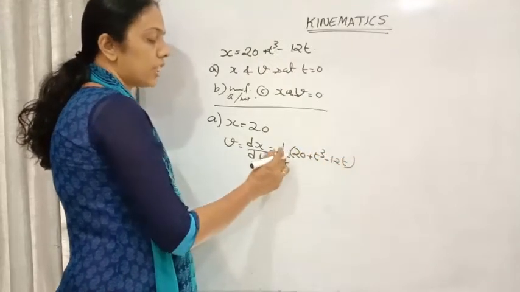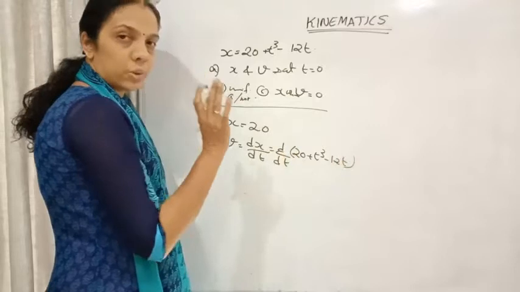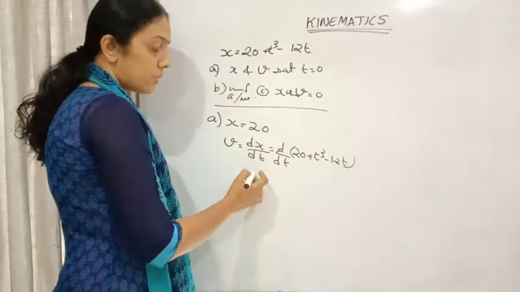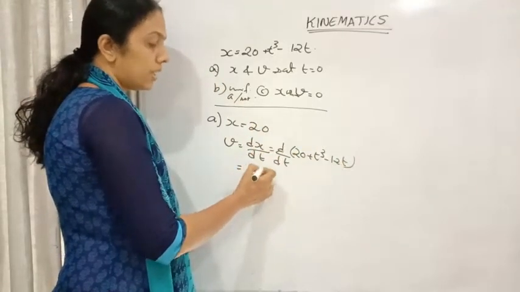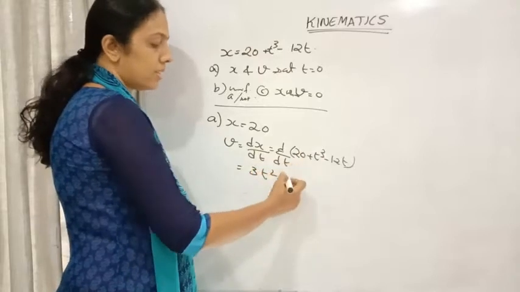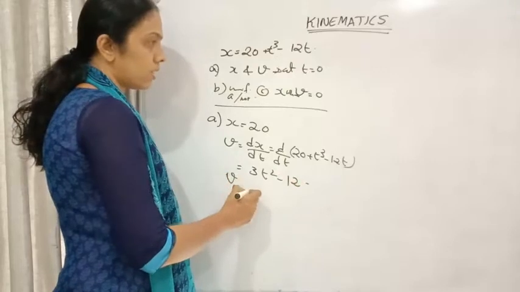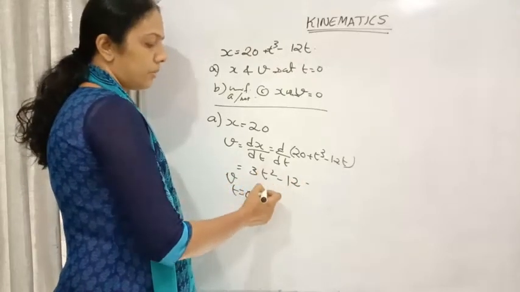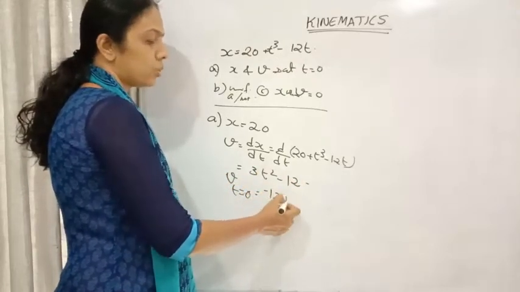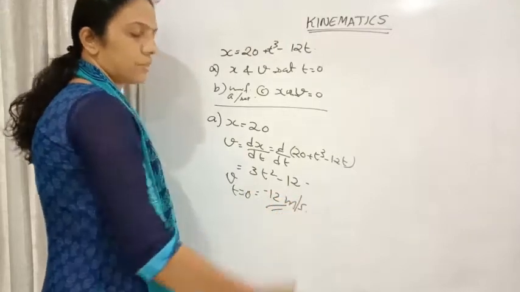Differentiation of a constant is 0, and differentiation of t cube is 3t square, minus 12. Substituting t equals 0, we get minus 12 meter per second.